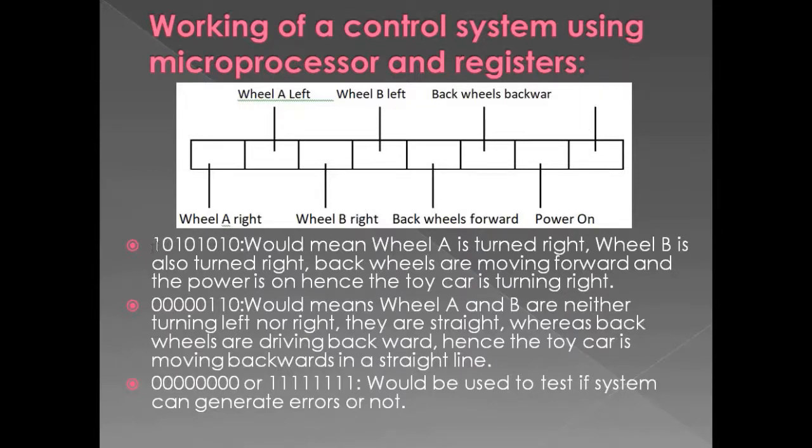Now the examiner either gives you a code and then asks what it means, or he gives you a scenario and then asks what the code in the register would be in this scenario. So for example, 10101010 would mean wheel A is turned right. If we write it like this, simply use a pencil to write it.